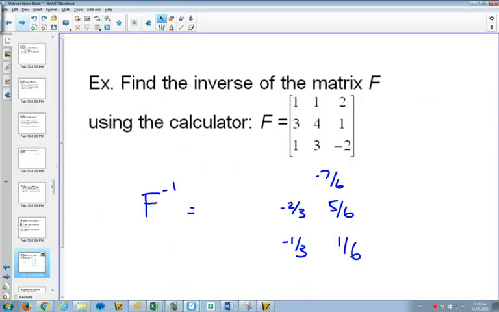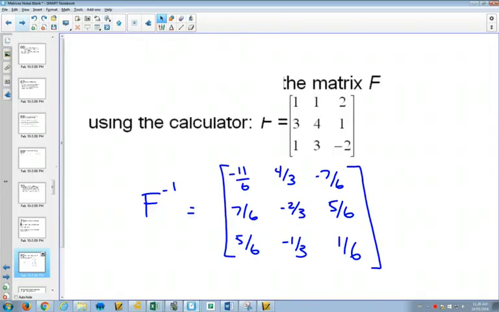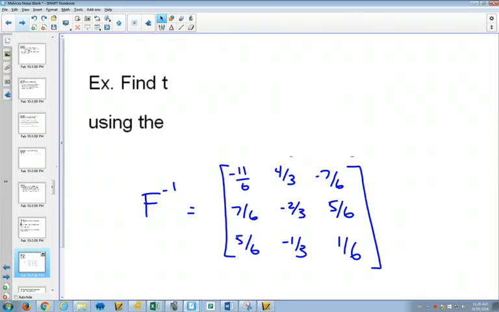Okay. Well, I had it nicely behind something and then I erased. Oh, there it is. Awesome. So if you type that one into your calculator and then did the inverse, that is what you would get. So you can write that down if you want, but it's really not that important for your notes, just to know that you could type it into your calculator.